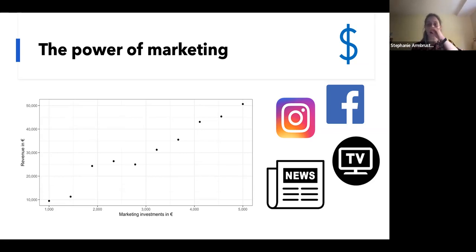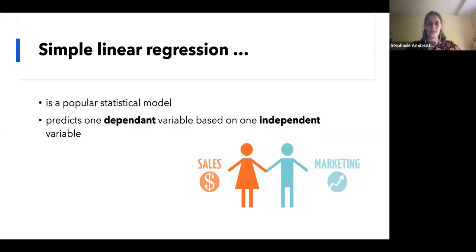But what this relationship exactly is and how we can compute it, that's the business of simple linear regression. We have one dependent variable, the output variable, which in our case would be the revenue, and then we have one independent variable, which is our input variable. In this case, it will be our marketing investments.